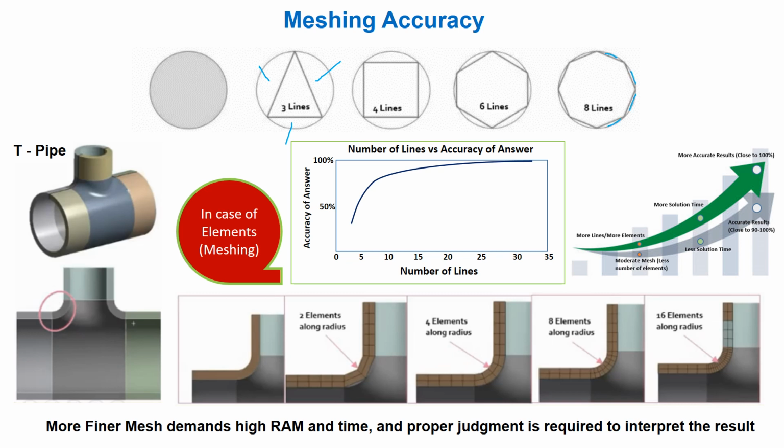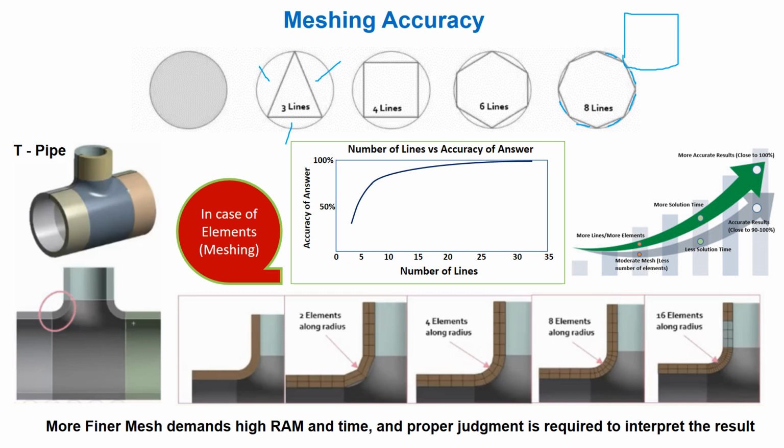That means maximum area has been covered and we can get more accurate results. When the number of lines is higher, the accuracy is higher. But with more lines, we employ more mesh elements. So more lines, more elements, more solution time and more accuracy.